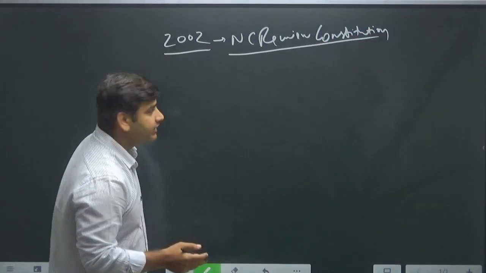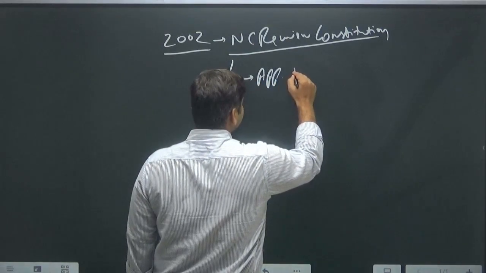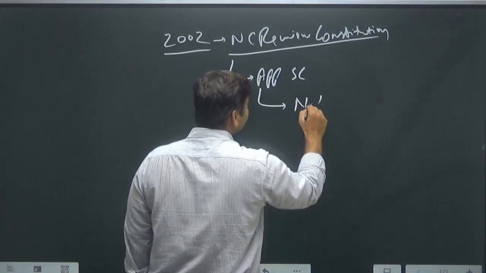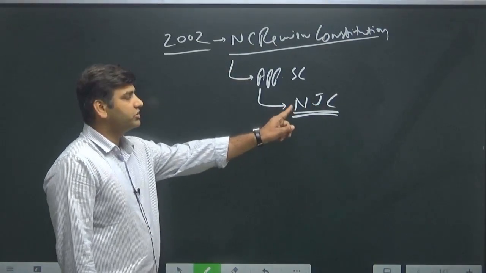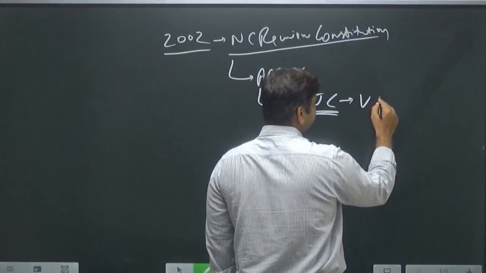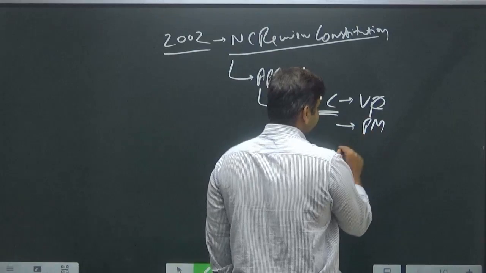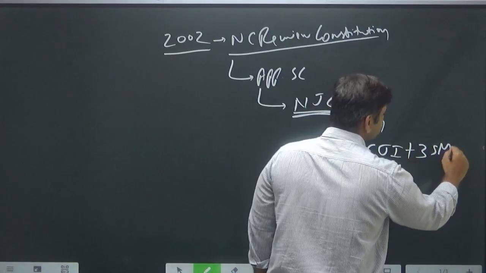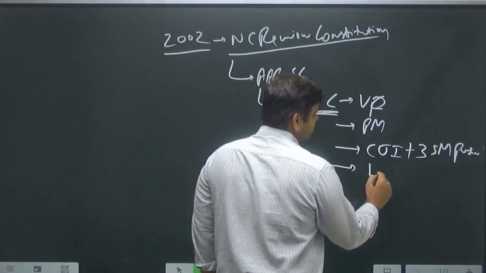It said that the appointment of the judges of the Supreme Court is a major concern, and a National Judicial Commission must be formed. It can consist of several dignitaries such as the Vice President of the country, the Prime Minister, the Chief Justice of India, plus the 3 senior most puisne judges. It can also have the law minister in it.